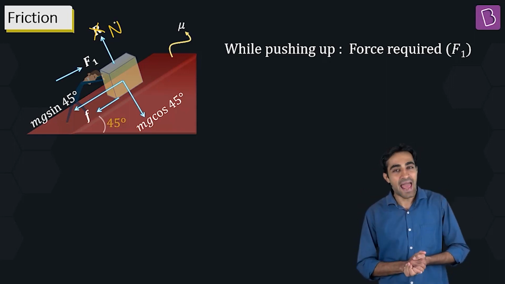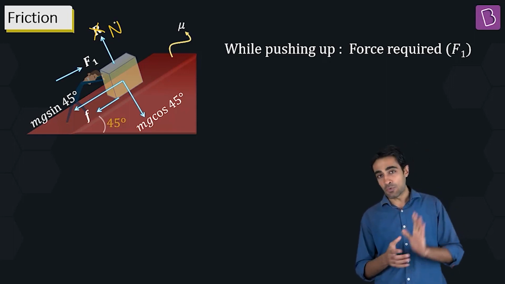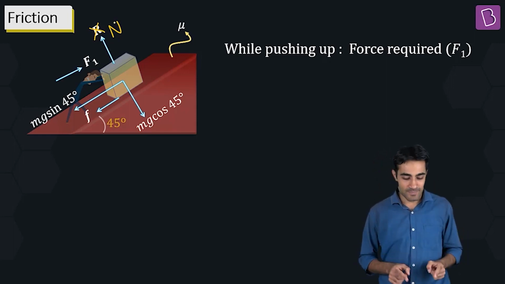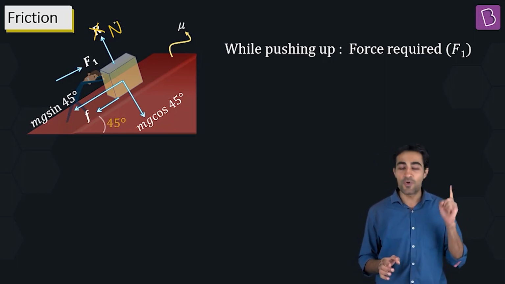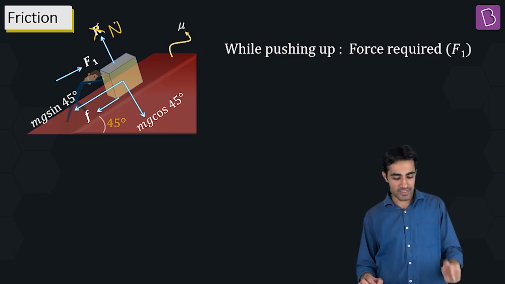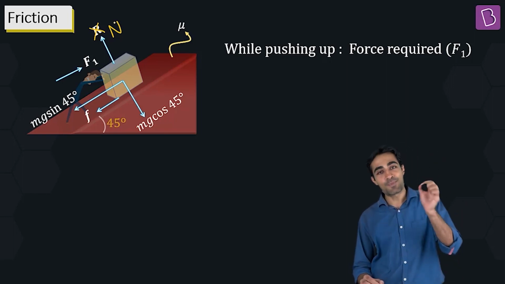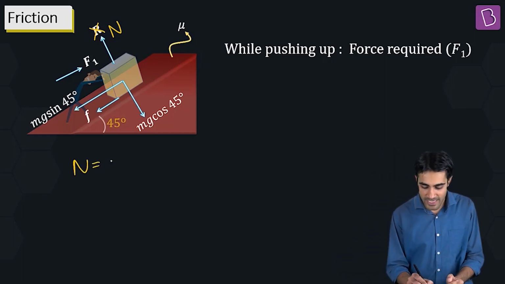We can see friction force is acting downwards, and we have already broken mg into two components. One component, mg sin 45, is down the incline, and the other component, mg cos 45, is perpendicular to the incline. And we can see the normal reaction will be equal to mg cos 45 degrees.